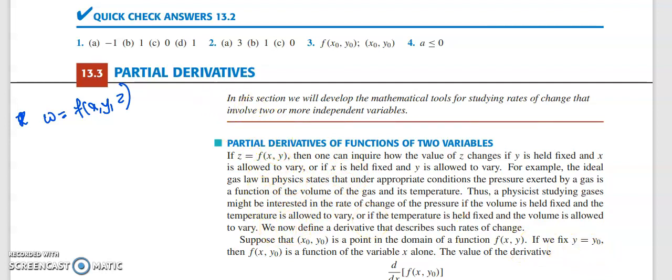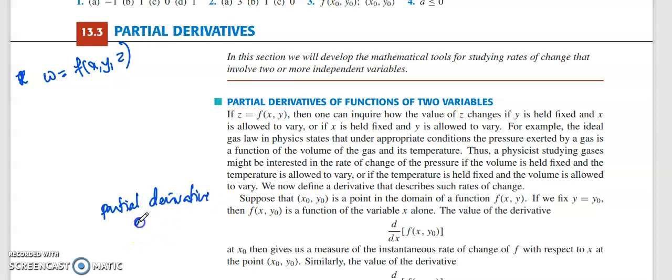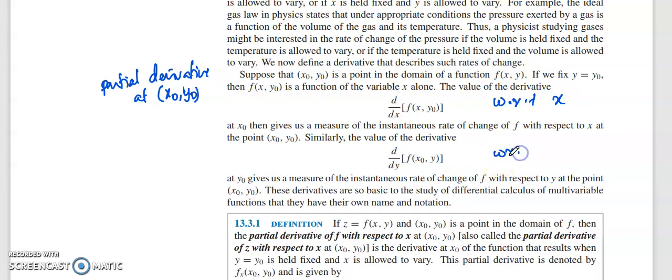Okay, so let us look at what is the partial derivative at a point. So partial derivative at point x0, y0. So this is the partial derivative with respect to x, and here you have the partial derivative with respect to y.